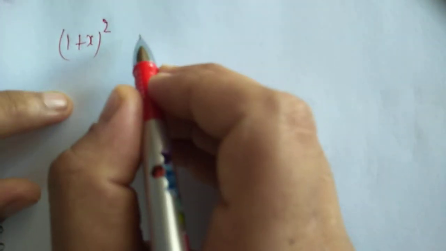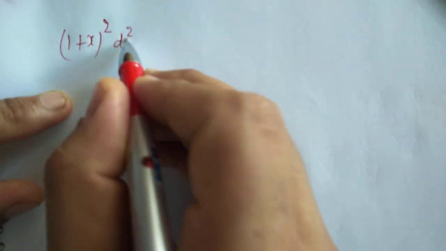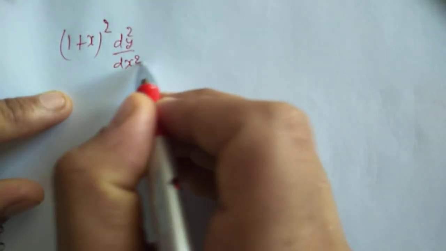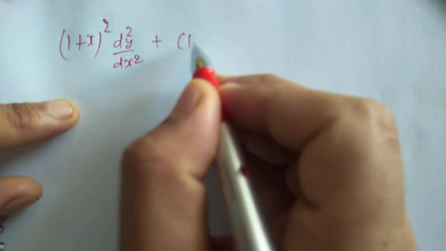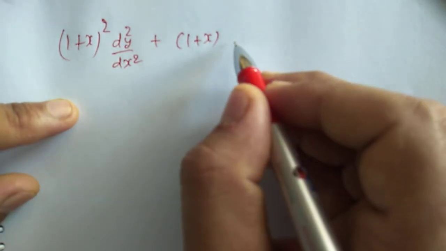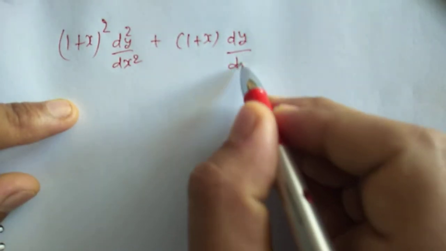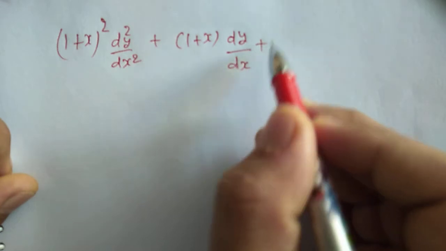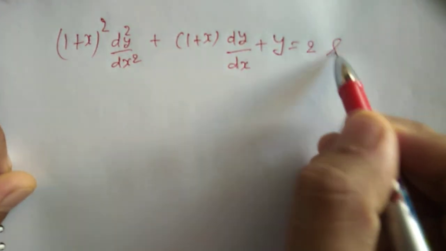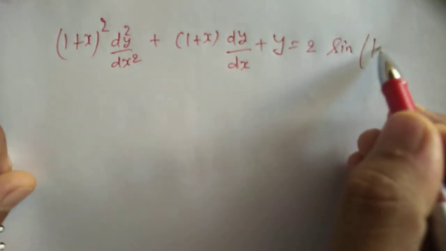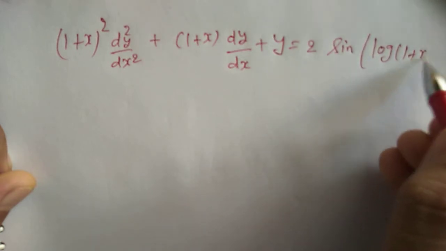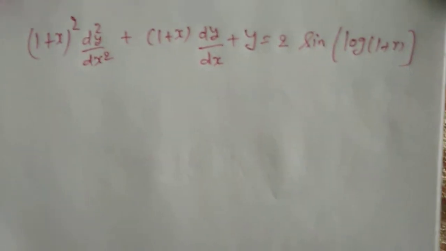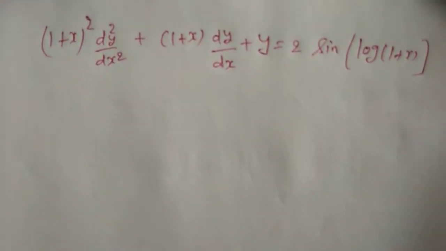Let us take one simple problem: 1 plus x whole square d2y by dx square plus 1 plus x dy by dx plus y equal to 2 sine log 1 plus x. It is very simple.